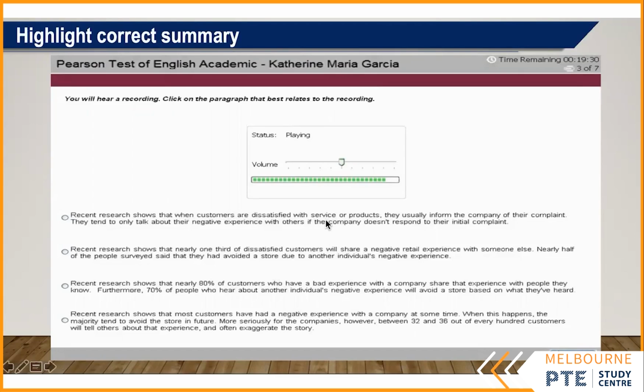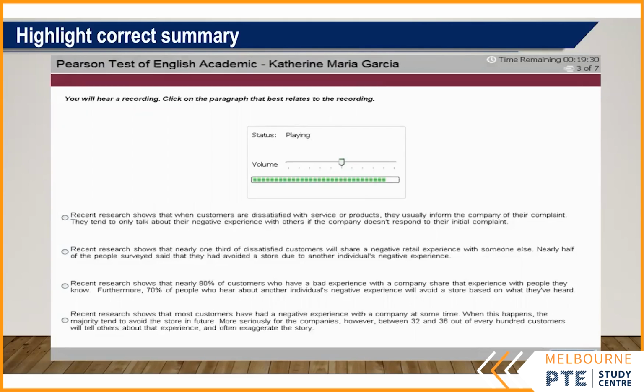More people complain, right? Because look at the first one: it says when customers are dissatisfied, so 100% over here. Here it said nearly 80%. And then most customers. Now, one of them says nearly 1/3. 1/3 means what? More or less? Less. That's your wrong information.